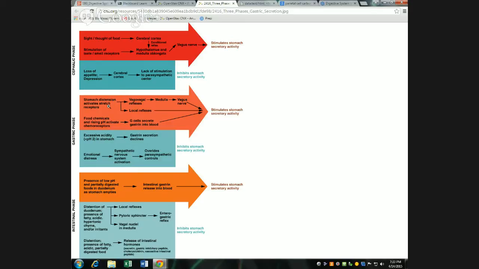The stretch receptors will initiate what are called vagal responses, which is the stomach sending a signal up the vagus nerve to the medulla, which will just pull in some more cephalic phase activity. But then also there are local reflexes that'll cause an increase in secretion and, again, muscle activity too.